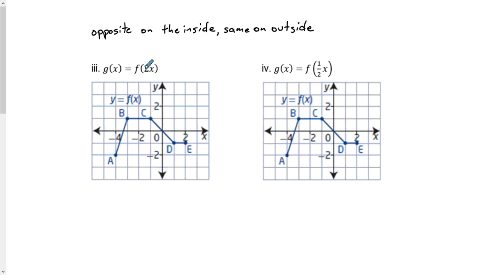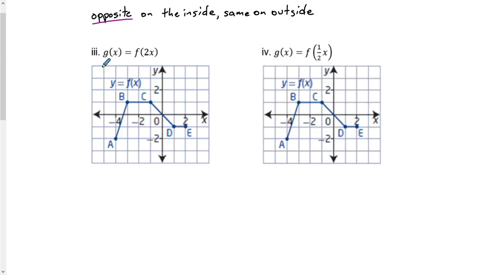But when we have a number on the inside, it does something very slightly different. We have to do the opposite when it's on the inside. So on the inside, it's a horizontal stretch by a factor of the opposite of 2.